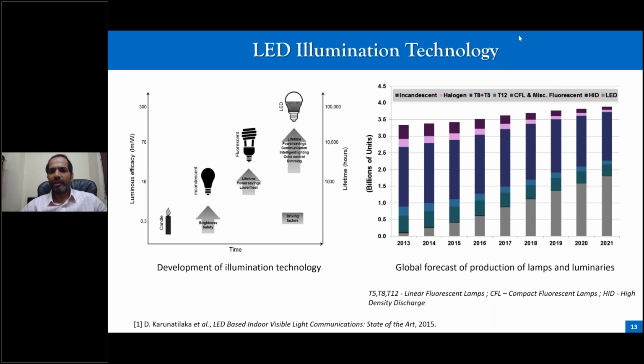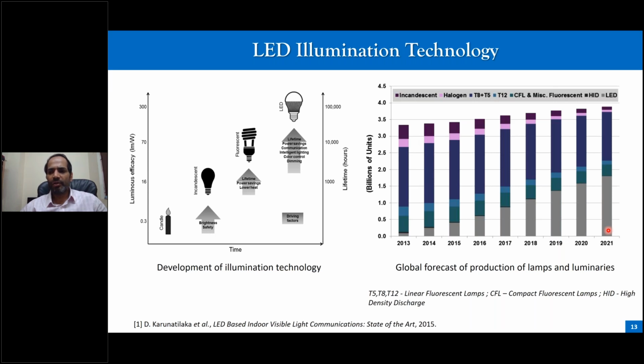These brown bars are for LEDs. You would see that in 2021, we will be producing a lot of LEDs compared to other sources. We will have around 2 billion units of LEDs produced by 2021.